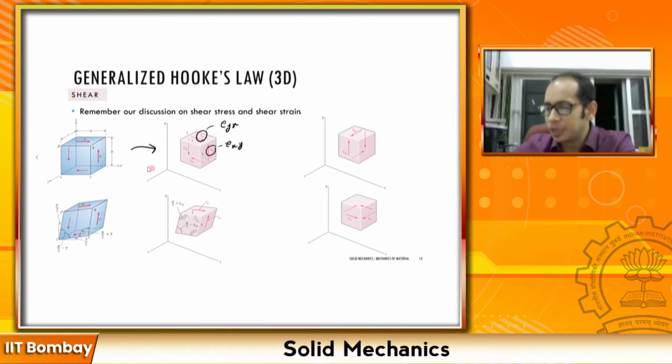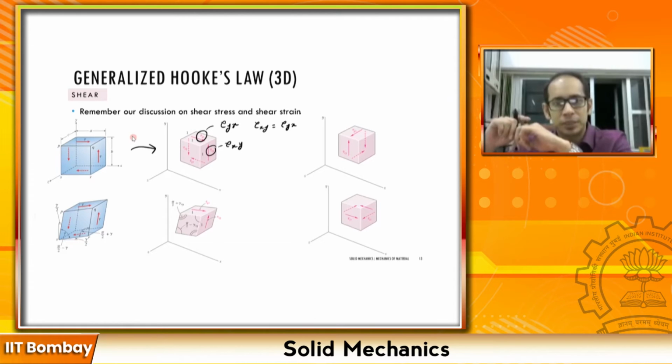Now remember that for this one, what we had derived, that this and this tau must be equal to maintain equilibrium of that element, and for the balancing of the moments and so on. So what this essentially means is that my tau xy must be equal to tau yx, right? Now going back to my basic relationship between tau and the corresponding strain.